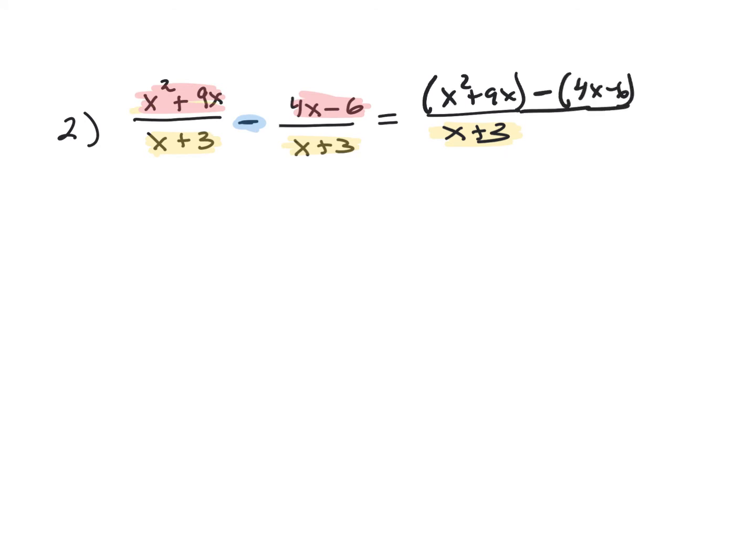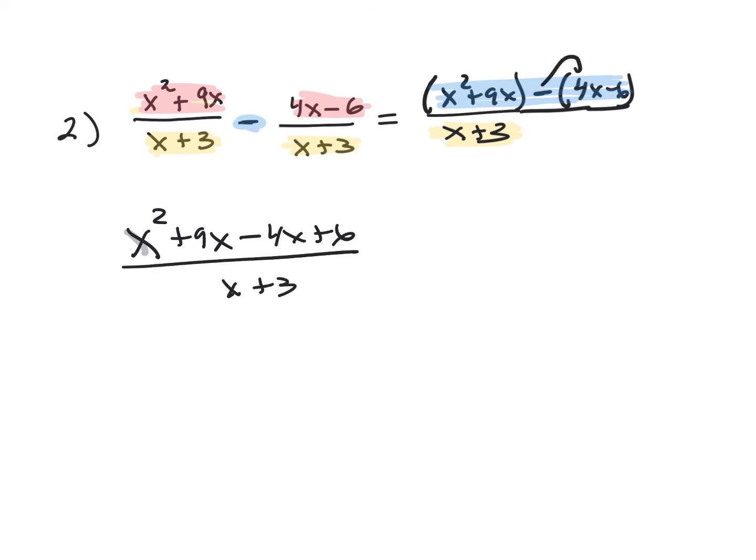So remember, in the last chapter, we went over how to subtract polynomials. And when you subtract polynomials, don't you have to distribute? So isn't that going to give you x squared plus 9x minus 4x plus 6 in the numerator, right?